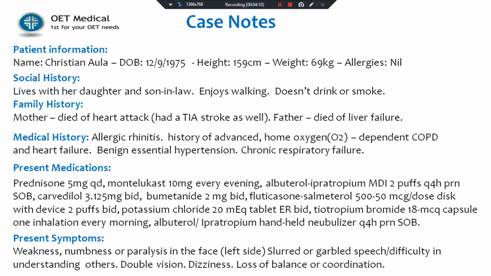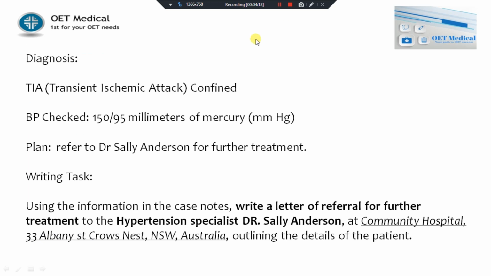Safe to say it's a male who has a problem with, as we're going to see on the next page, TIA, transient ischemic attack. That's the diagnosis. His BP measurements have been included, and the plan is to refer this patient to a Dr. Sally Anderson for further treatment.